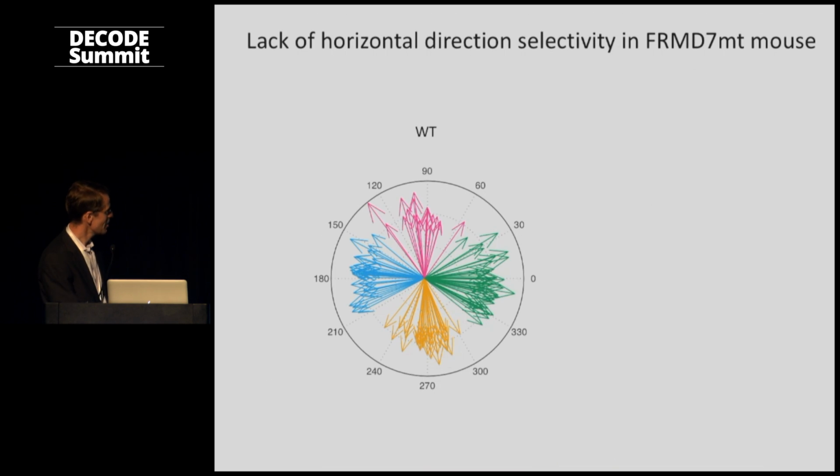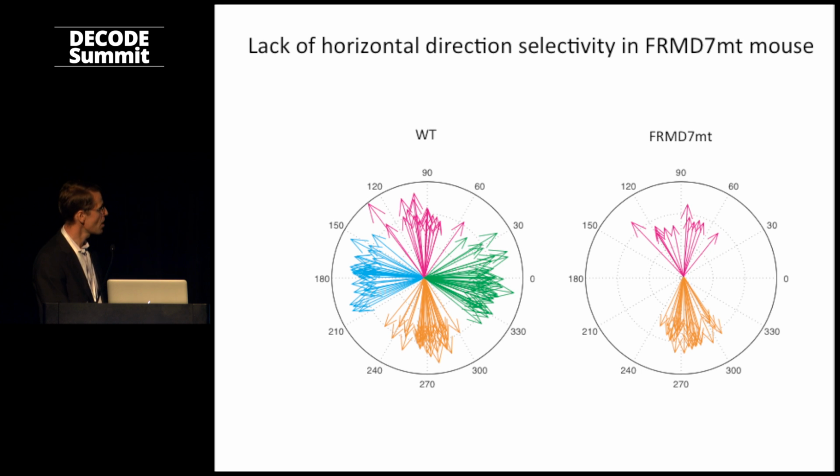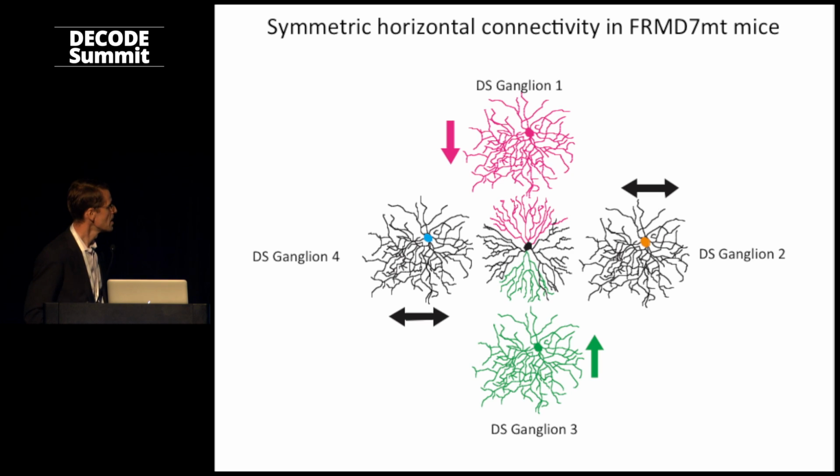Then we can take a multi-electrode array, put down a normal mouse retina, and you can see the 4 different directions, and then you put down the retina of the FRMD7 mutant, and you see an extremely clear diagnosis of the lack of horizontal optokinetic reflex, because the direction selective computation is entirely missing in the horizontal direction, while the vertical is completely normal, showing why the vertical is present and the horizontal optokinetic nystagmus is not present.